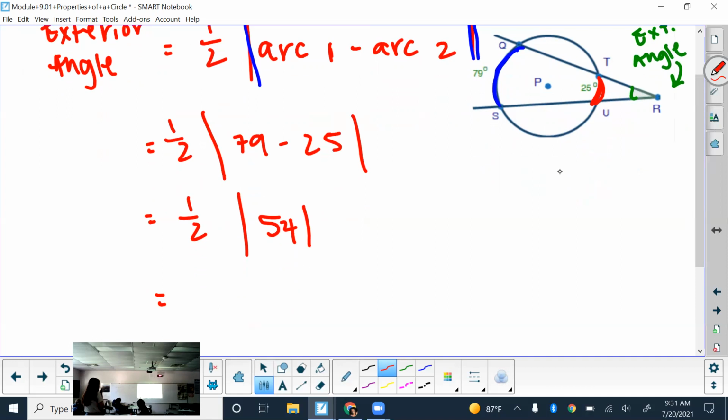Remember, absolute value is how far away something is from 0. So 54. Now I'm going to drop those, and it's multiplication, because this was times the absolute value of 54, which is 54. What is half of 54? 27. So my exterior angle right here is 27 degrees.